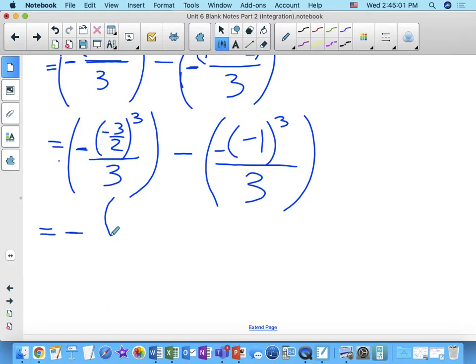So this is going to be negative, negative 27 over 8 over 3. Whew. And then minus negative 1 times 1 times 1, wait, hold on. There's 4 negative signs here, right? So that's positive 1 over 3. We're almost there.